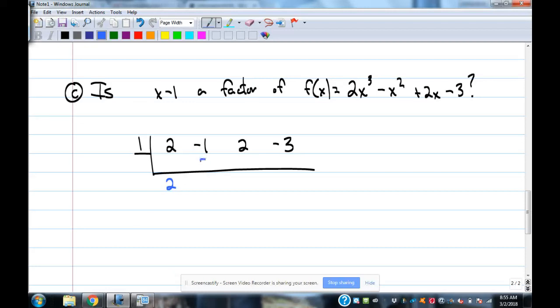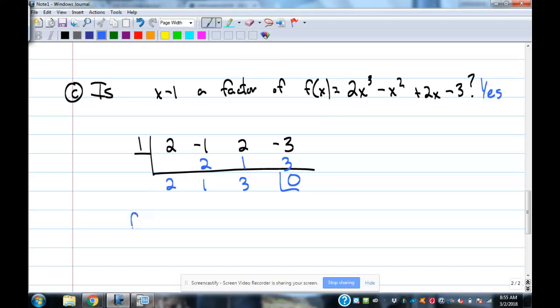Times it by 1. So that's 2. And then what? Add. That's what I'm after there. So that's 1, 1, add 3, 3. What's that remainder? 0. What's that mean about x minus 1? That it is a factor. So there'd be a yes on this.